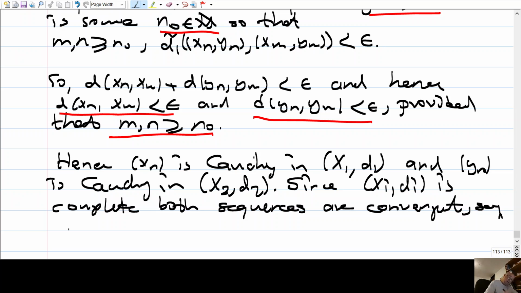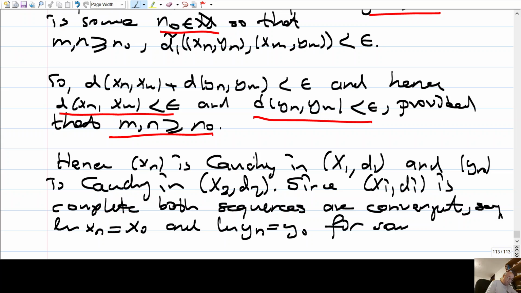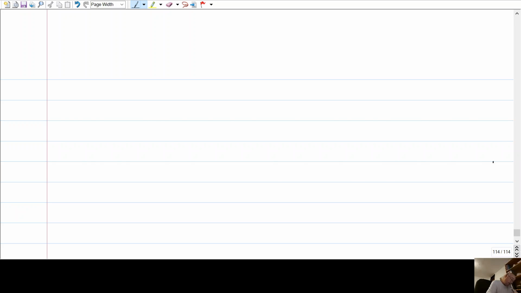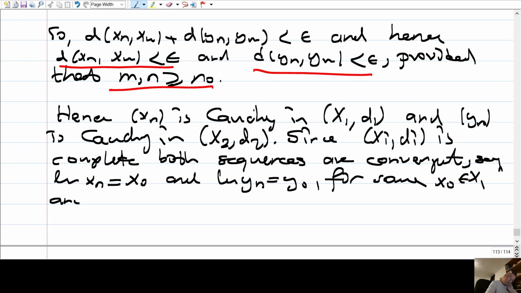Say limit xn is equal to, let's say, x0 and limit yn is equal to y0 for some x0 in X1 and y0 in X2.